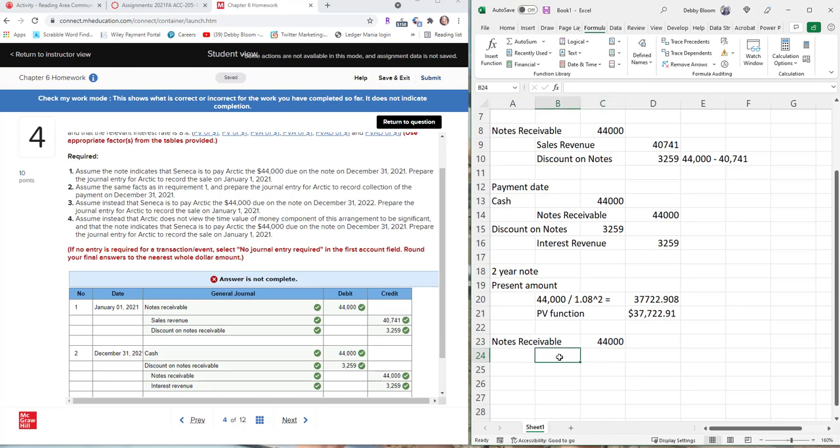We're going to credit our sales revenue for the 37,723. And then we're going to credit our discount on notes for the difference between the two. So we just take 44,000 and subtract 37,723.